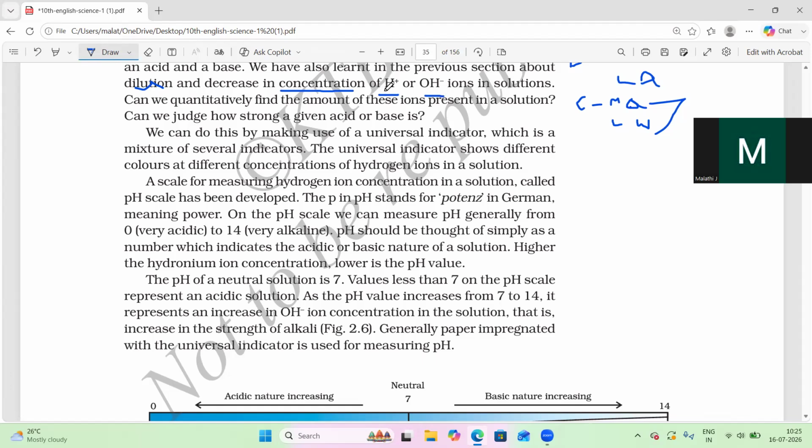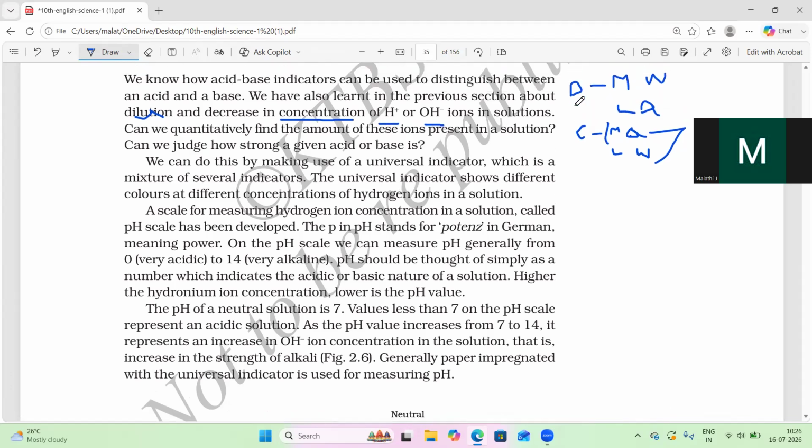Why will H plus ions be more in a concentrated acidic solution? Because we had taken a more amount of acid. In a dilute acidic solution, we took a less amount of acid.